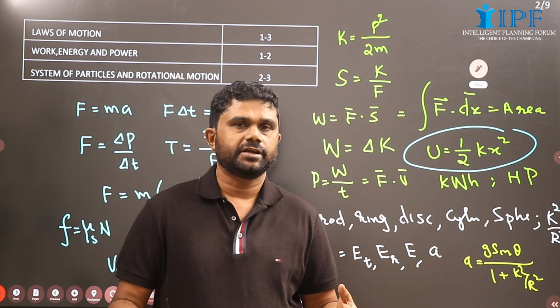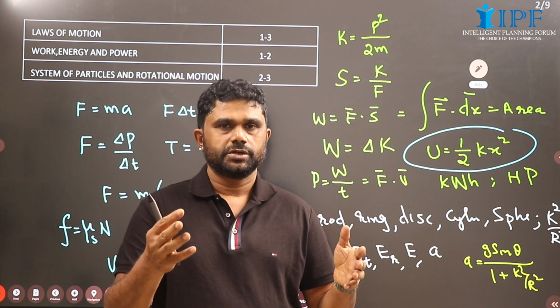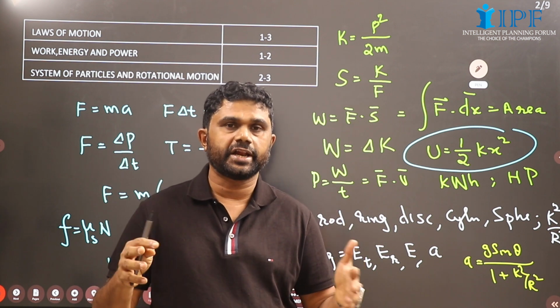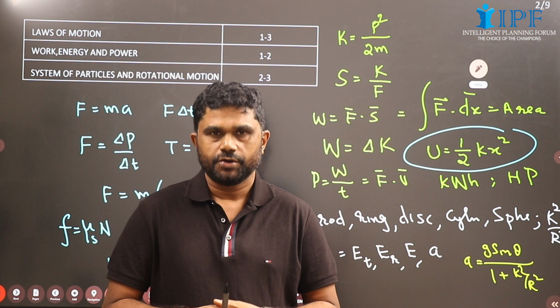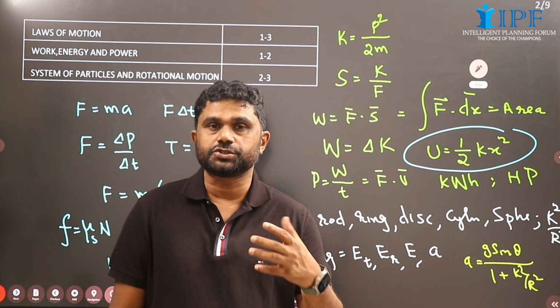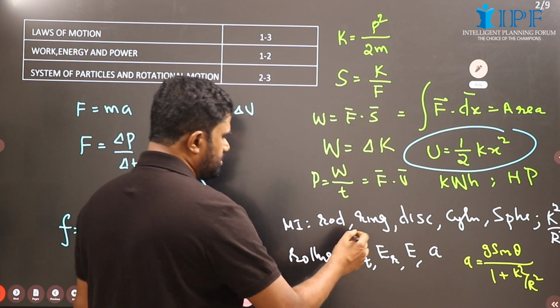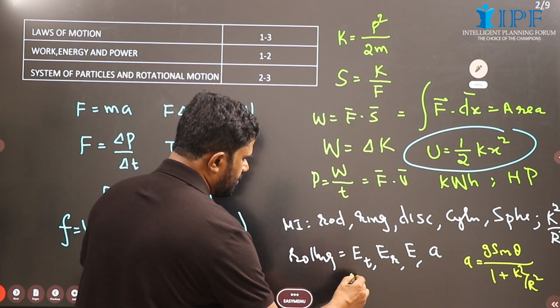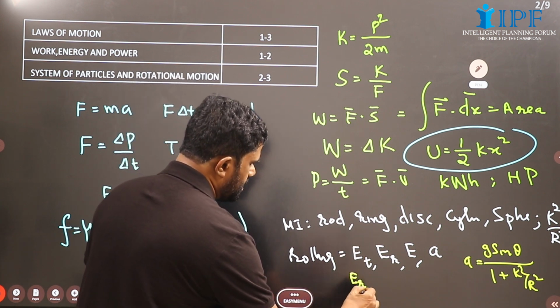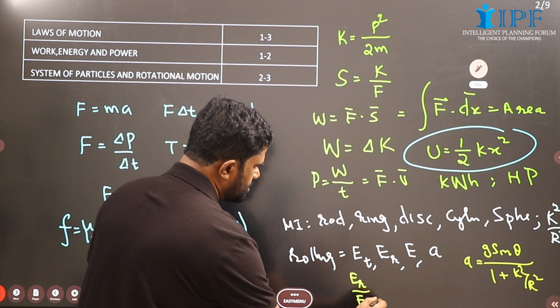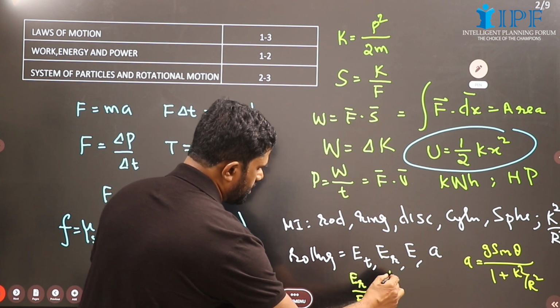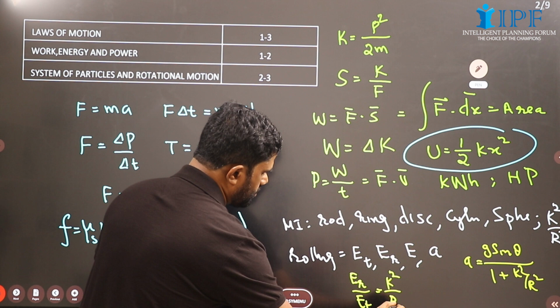And the second thing: where a body rolls, what fraction of its total energy is due to rotation, and what fraction is due to translation? You can find it like this: rotational divided by translational is equal to K square divided by R square.